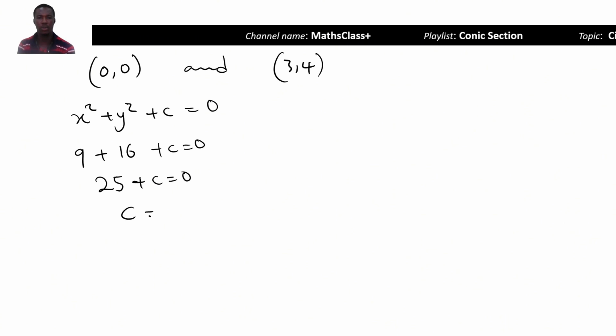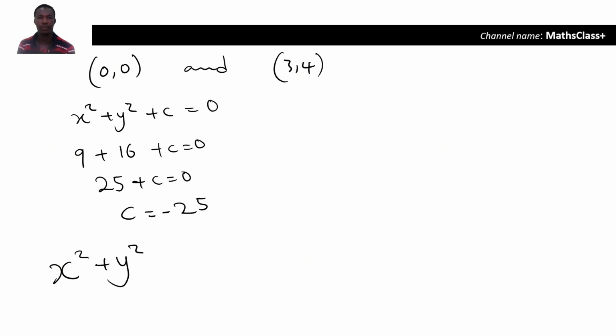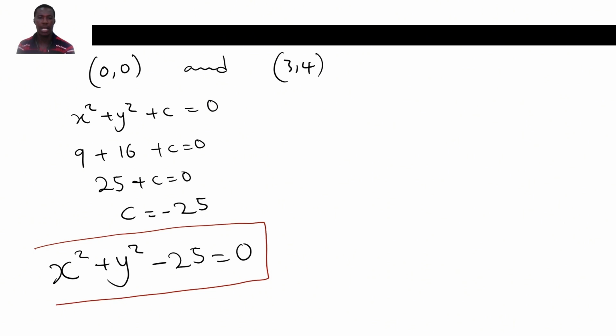So my c will be equal to negative 25. Now when I substitute into the equation, the equation is x squared plus y squared minus 25 is equal to 0. And this is the same value we also got when we used the first method, as required by the question.